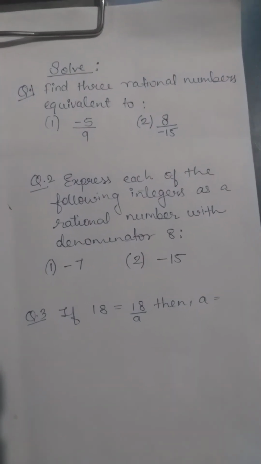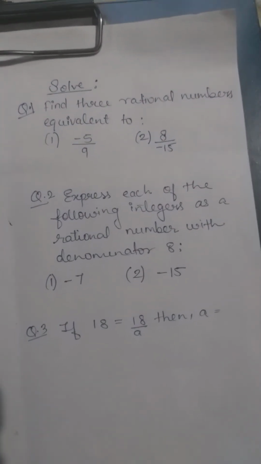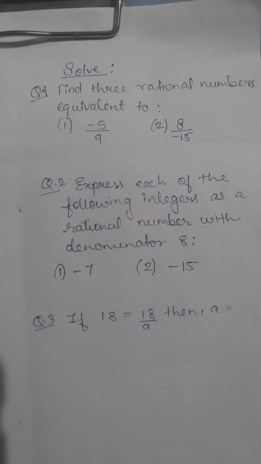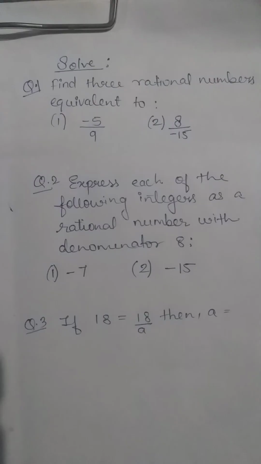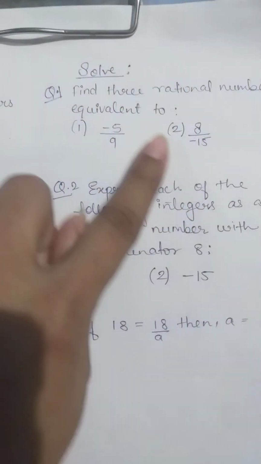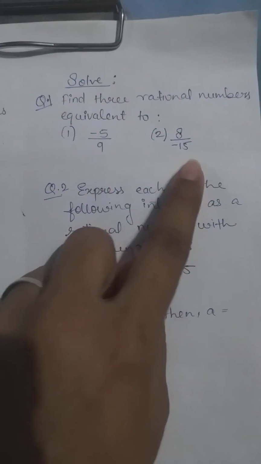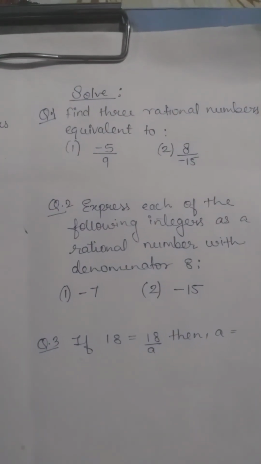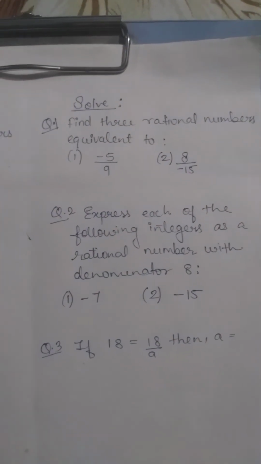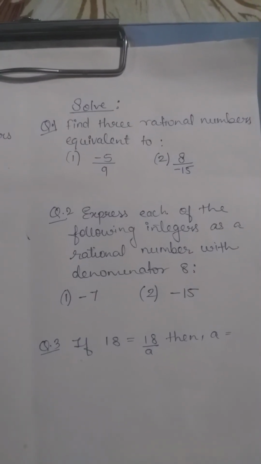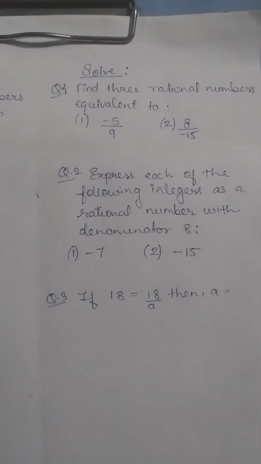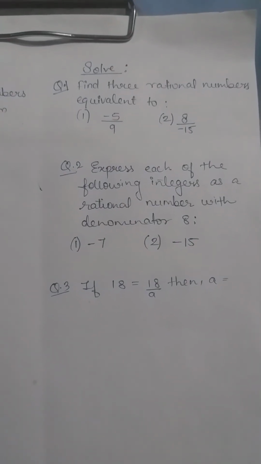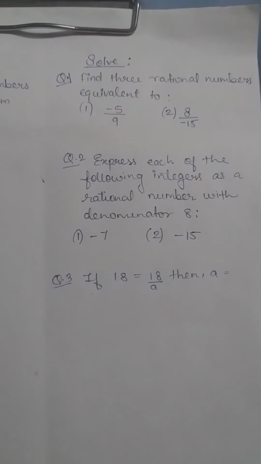Now students, these are the questions that you have to solve by yourself. This is nothing new. The questions that we have already solved. So similar type of questions I have given. Find 3 rational numbers equivalent to minus 5 by 9. Second is 8 by minus 15. Now the next, question number 2, express each of the following integers as a rational number with denominator 8.